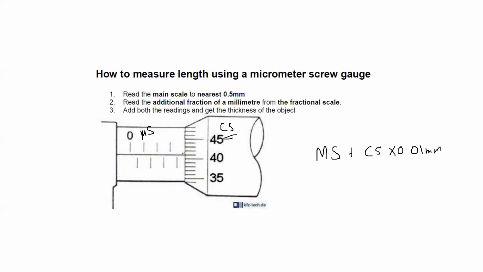And the circular scale reading is the line which coincides with the main scale, that is the 41st. So this will be 3.5, and the circular scale is 41 multiplied by 0.01 millimeter. So when you solve, it will be 3.5 plus 0.41, which equals 3.91 millimeter.